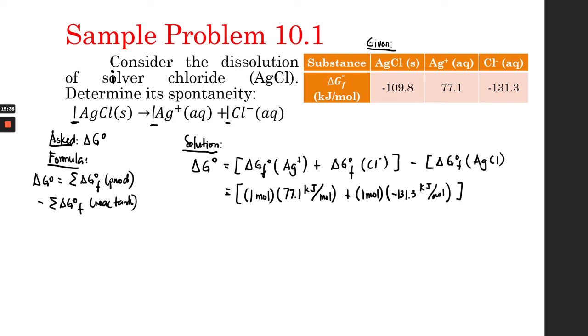Okay, and then minus, as for the reactant, we have 1 mole multiplied by the delta GF of our reactant, sorry, not product, reactant, silver chloride, which is negative 109.8 kilojoules per mole.